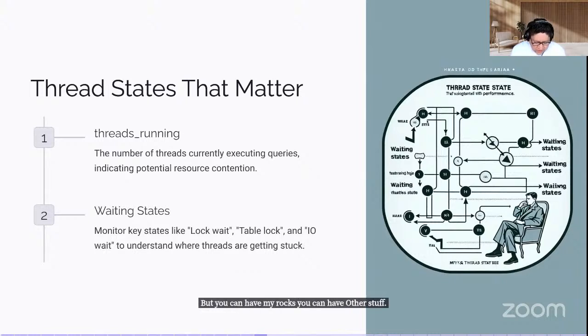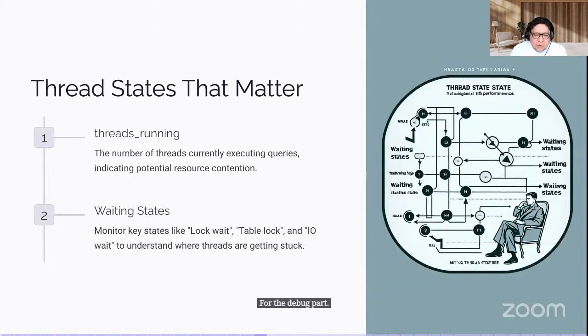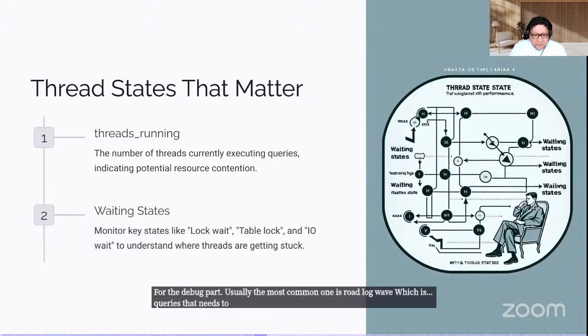Depending on the storage engine, you can have a lock wait or a table lock or an IO wait or a row lock or whatever. It's important to understand what type of lock you are dealing with for the debug part, right? Usually the most common one is row lock wait, which is queries that need to lock some rows of a table, but those rows are being locked by another concurrent transaction, right?